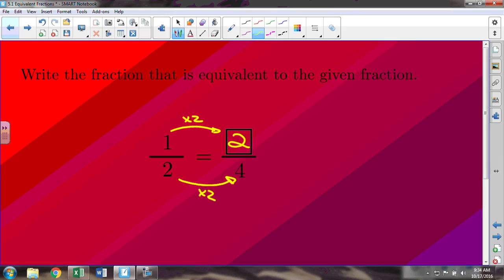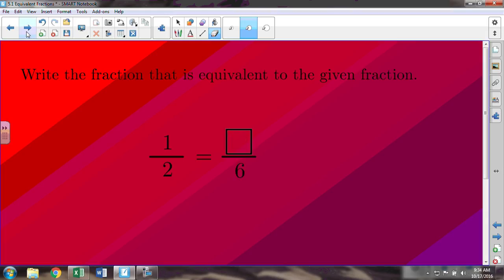Now, I do want to emphasize, you do not have to write down this times 2 stuff. Those are things that you would look at and you would think in your head. But that's all that you would need to have written down. For instance here. And I'll write it down again so that you can see what I'm thinking. When I look at this problem, I'm thinking, how do I turn a 2 into a 6?